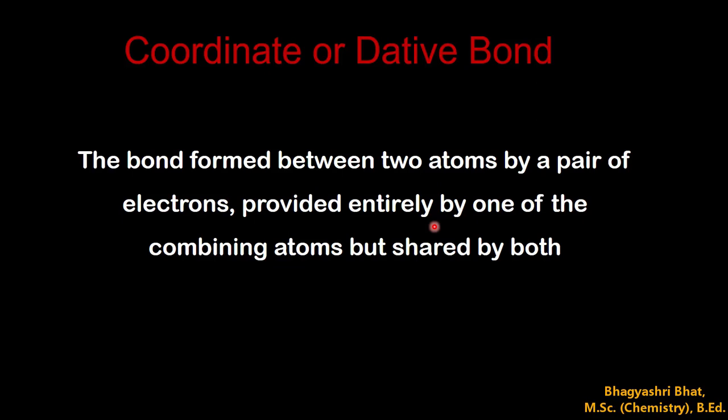This is the meaning or definition of coordinate or dative bond: the bond formed between two atoms by a pair of electrons provided entirely by one of the combining atoms. So when only one atom donates its electrons to another atom, there is a possibility of formation of a coordinate bond, but those donated electrons are shared by both the atoms.